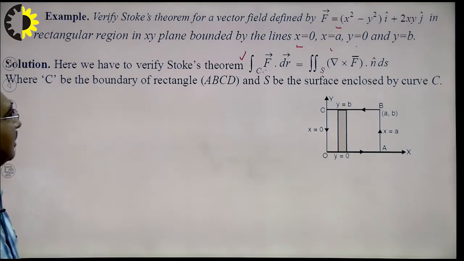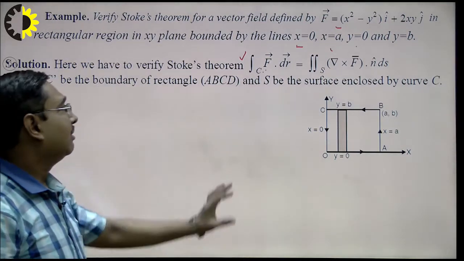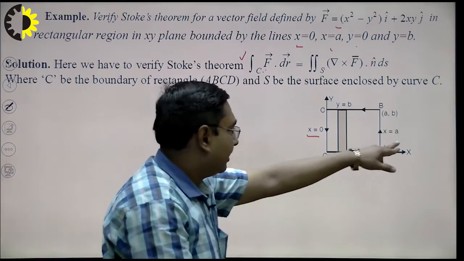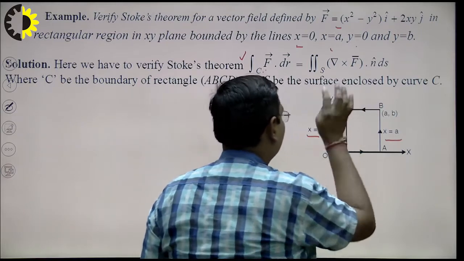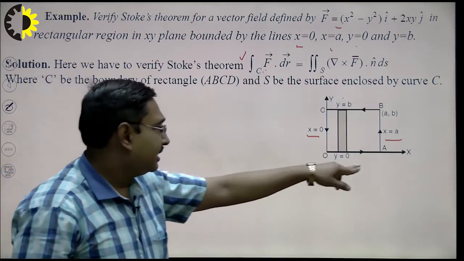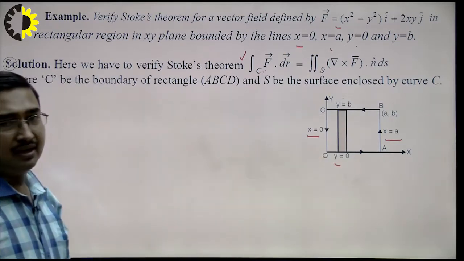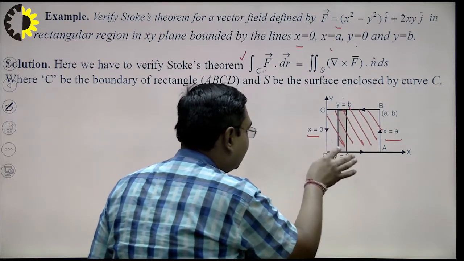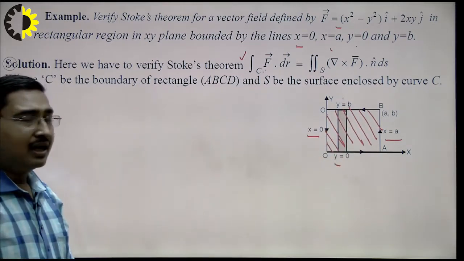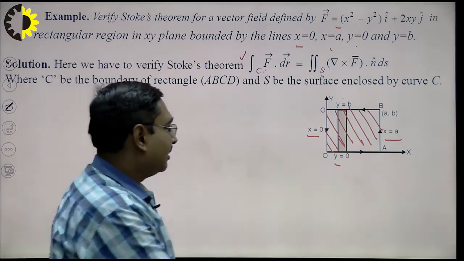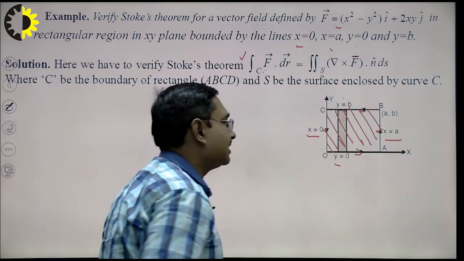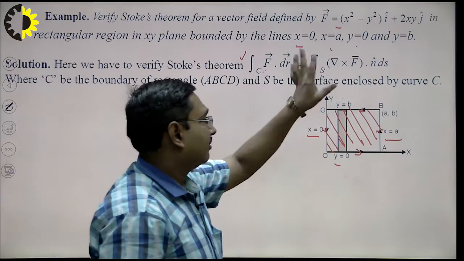As we are already told that we have to verify Stokes theorem for the rectangular region in the xy plane bounded by these lines, x equal to 0, x equal to a, y equal to 0 and y equal to b, these lines are forming this rectangle. So the region enclosed by this rectangle will be our region S, and the boundary of this rectangle will be the curve C.